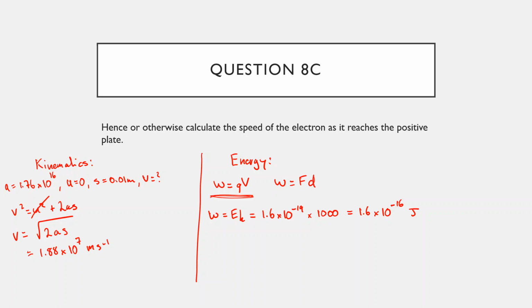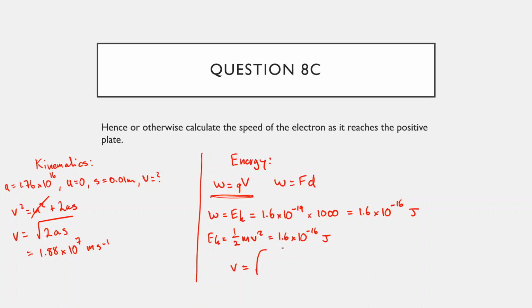So we know that's kinetic energy. Kinetic energy is equal to half mv squared. We know that it's equal to this number, 1.6 times 10 to the negative 16. And now your job is just to work out V. So what we do is we multiply both sides by 2 to get rid of that fraction, then divide both sides by m and then square root everything.